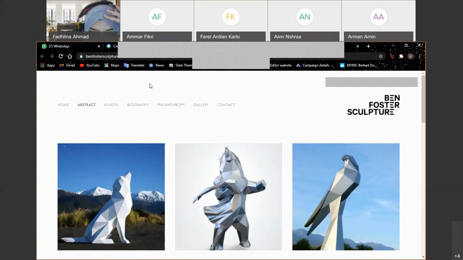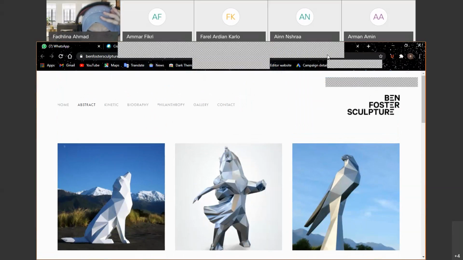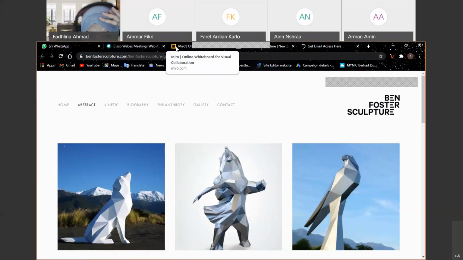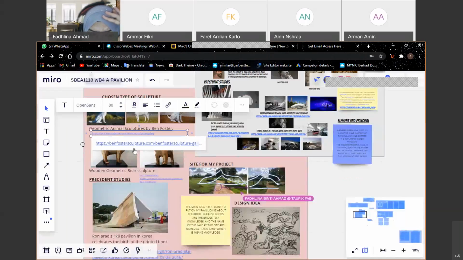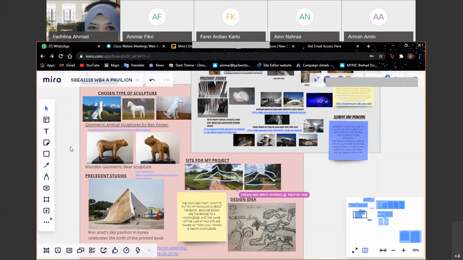So all the sculptures are made of metal, is it? Yes, the what we call kepingan logam, metal of steel. Steel, yes, steel. What is the idea behind it? Why is he using something related to animals?